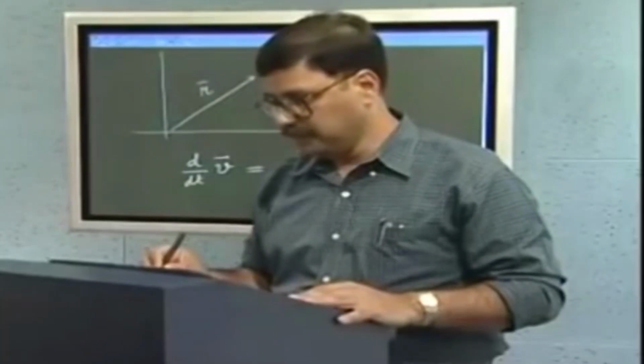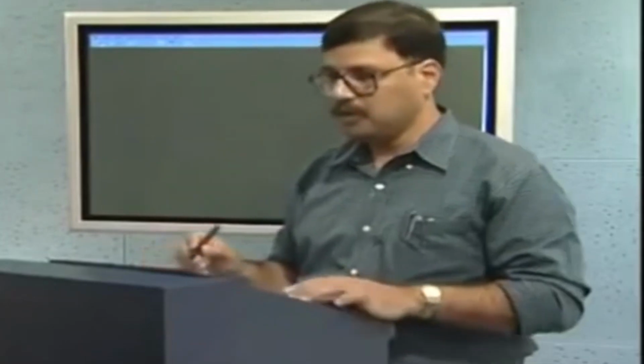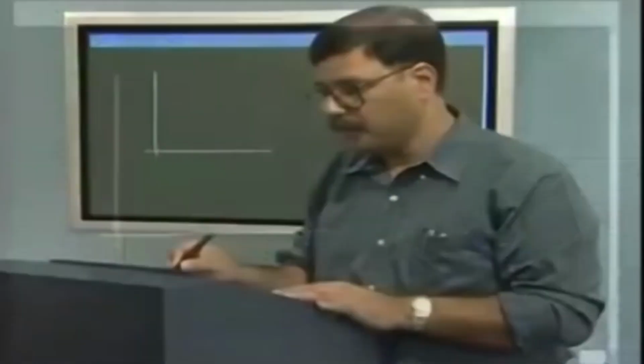For example, you are well familiar with the Cartesian coordinate system, where in a plane the position of a particle is given by x coordinate and the y coordinate.